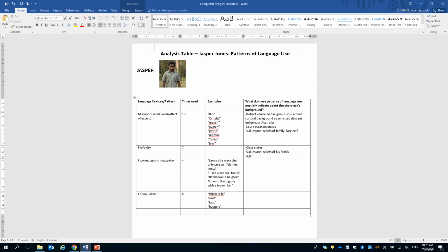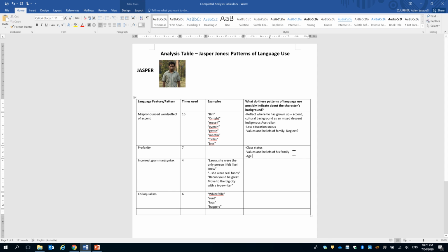So Jasper and Jeffrey, they both use profanity a lot and swear a lot as well when they're around each other. Not so much in front of their parents though, except for Jeffrey, he does swear in front of his mother. But his frequent use of profanity could reflect his class status, as from a lower class or working class family.